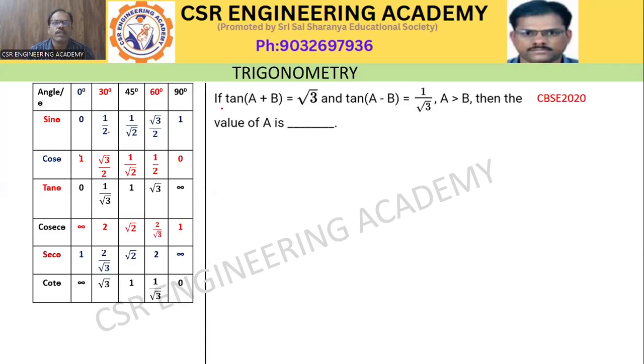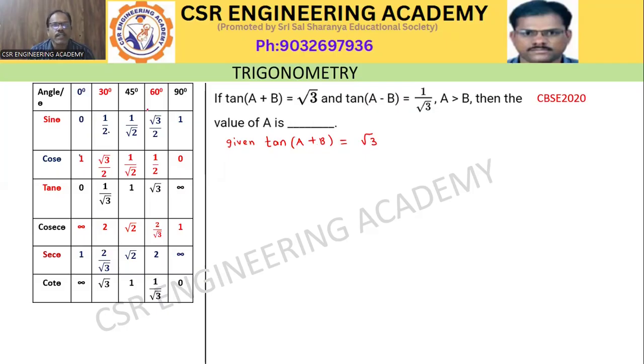If tan(A plus B) is equal to root 3 and tan(A minus B) is equal to 1 by root 3, A is greater than B, then the value of A is? Here given tan(A plus B) is equal to root 3.